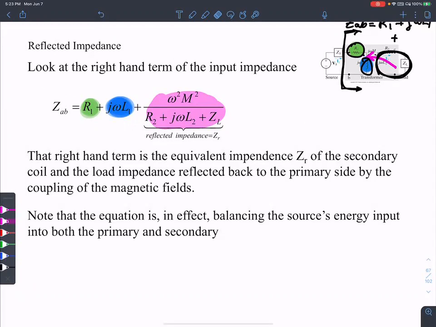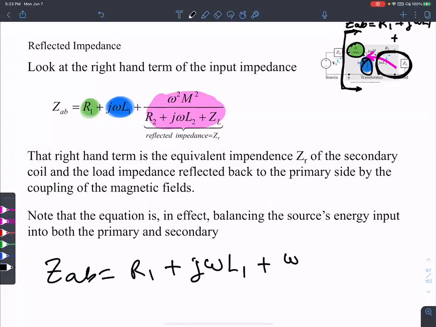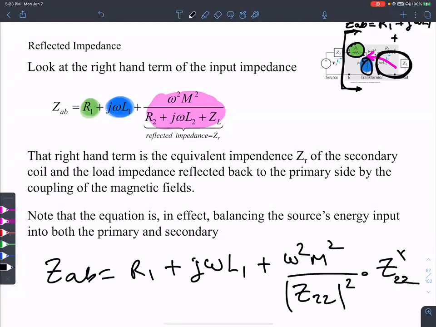Okay, and you'll find that you can express this ZAB equals R1 plus j omega L1 plus omega squared M squared by the modulus of Z22 whole squared, into the Z22 complex conjugate.